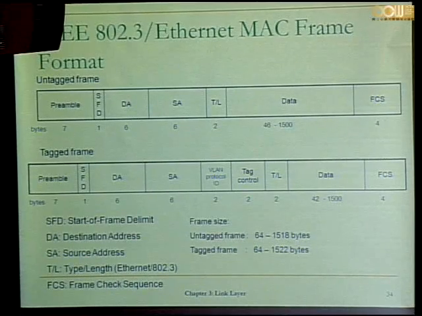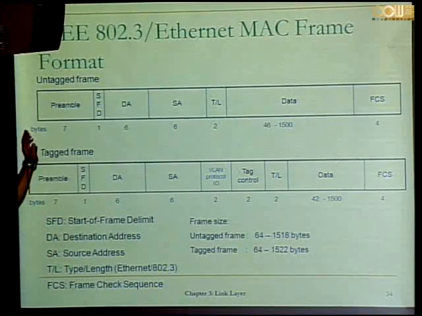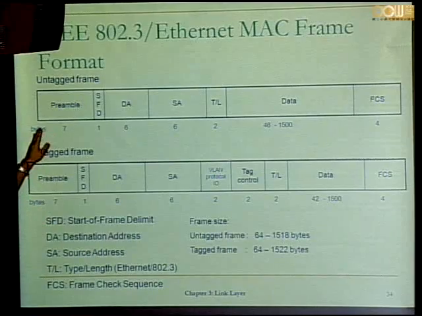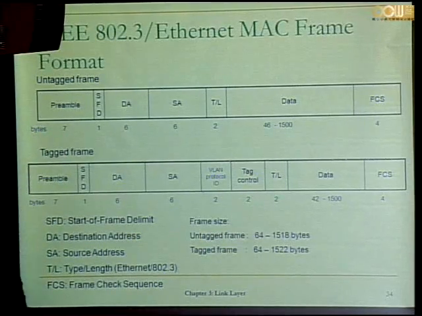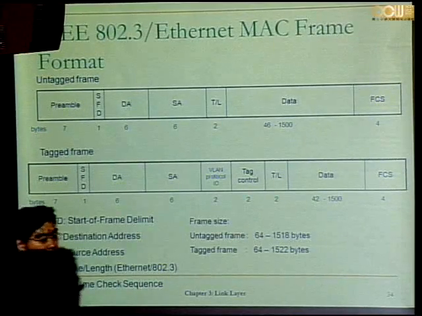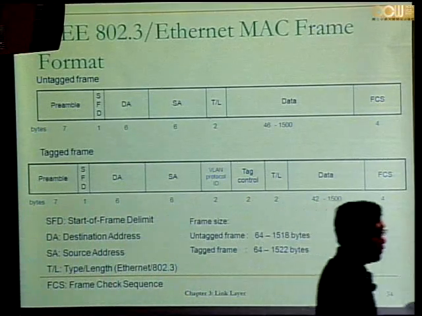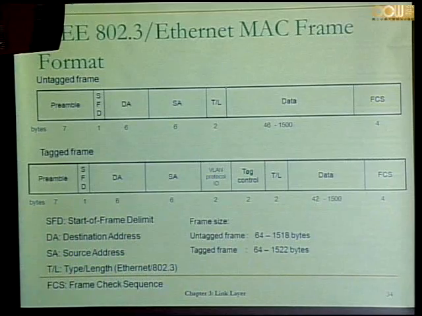Before the transmitter transmits the frame, the link should be idle. So I need to use the preamble to get the attention of the receiver, to synchronize the receiver clock.